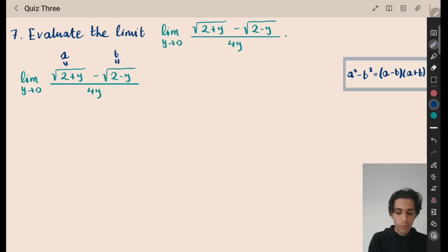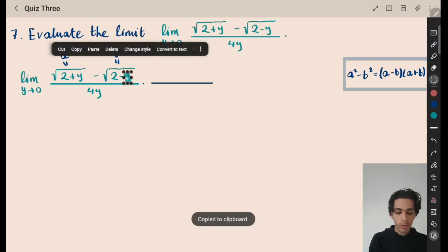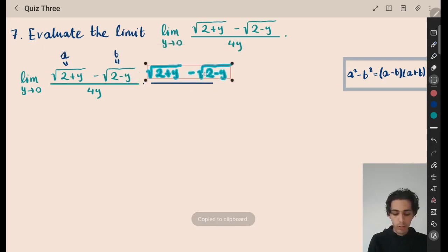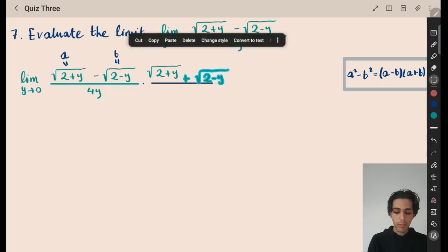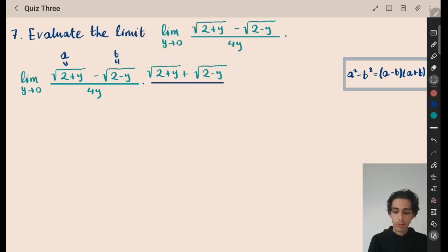And in that case, we would be effectively taking the conjugate of this expression. And the conjugate of this expression is this one, right? So that's very nice.